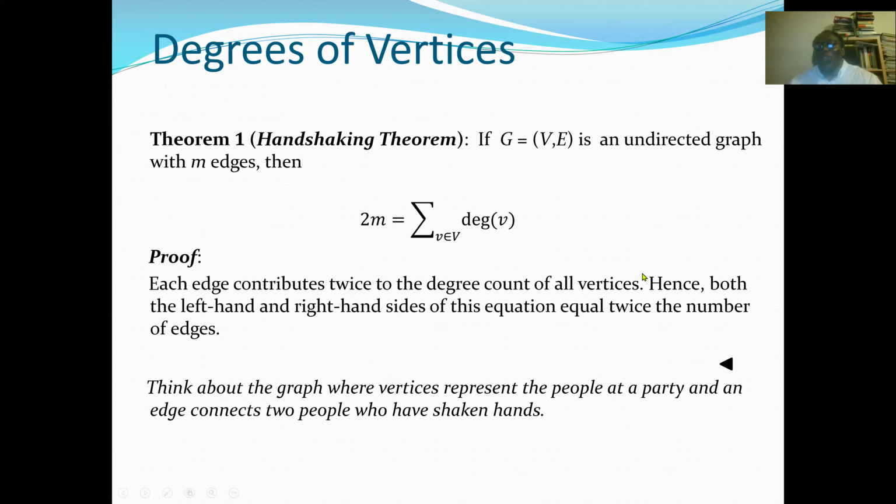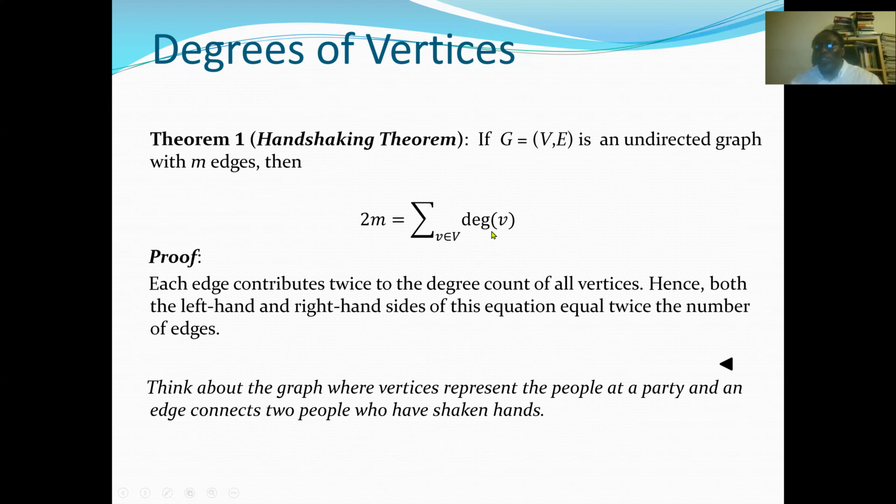So the handshaking theorem says that 2m is equal to the sum of all the degrees of the vertices. Why 2m? Because every edge has 2 endpoints. So that's why we say 2m equals the sum of the degrees.